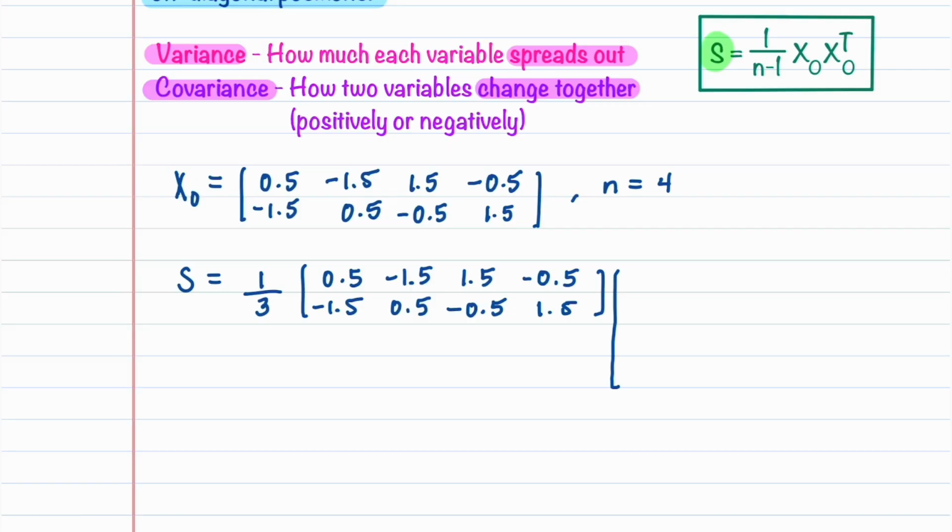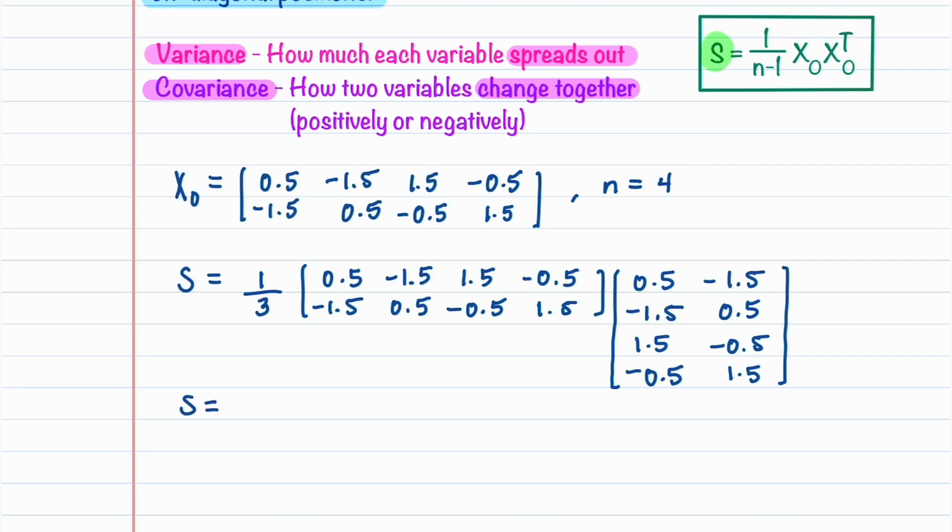This just means the first row becomes our first column. And then our second row becomes our second column. When we multiply all of this out, we end up with an answer that looks like this.